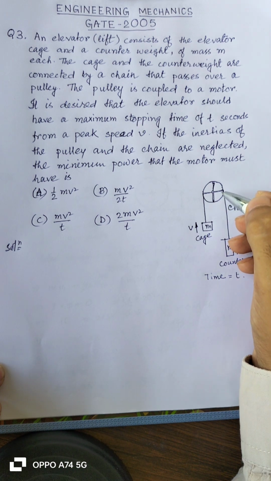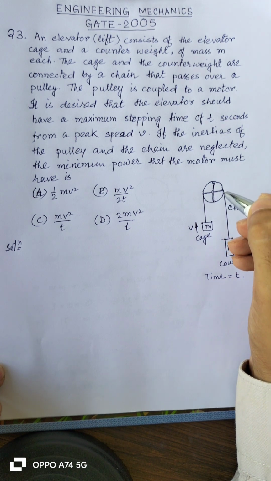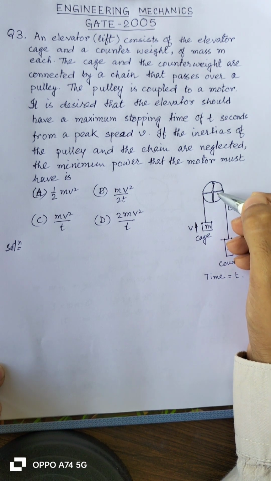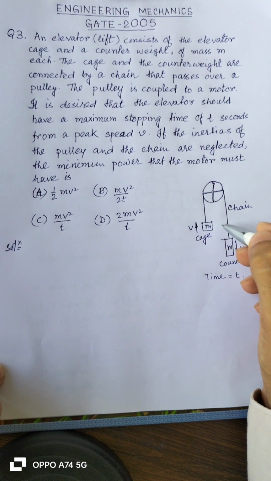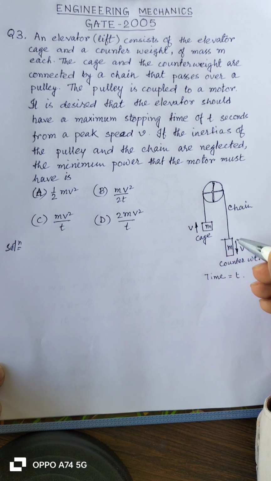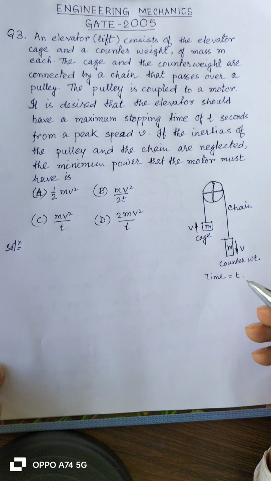And the question is, what must be the minimum capacity of the motor, that is, the minimum power of the motor, to bring this system to rest from a peak velocity of v in time t seconds.